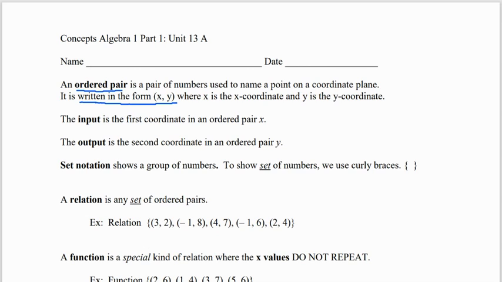The second vocab word, so you can put another bullet, is an input. An input is the first coordinate in an ordered pair, aka the x value.